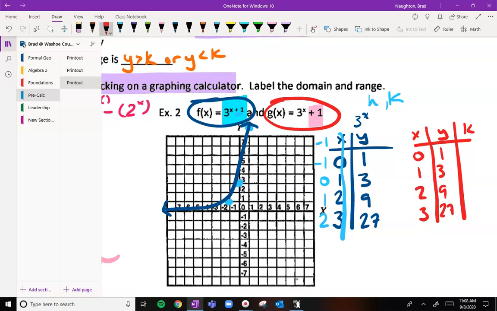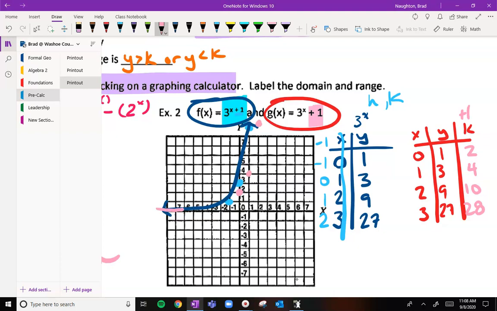And then I'm going to add 1 because our k is the exact value. So this is 2, 4, 10, 28. So boom, and then 1, 4.